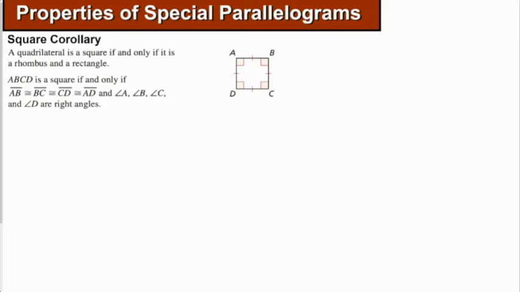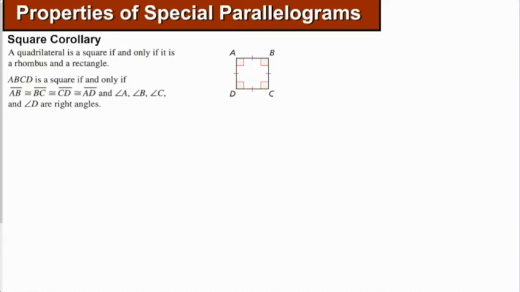The square corollary states that a quadrilateral is a square if and only if it is both a rhombus and a rectangle. Or the alternative way of saying that is a quadrilateral is a square if and only if it has 4 congruent sides and 4 congruent angles.